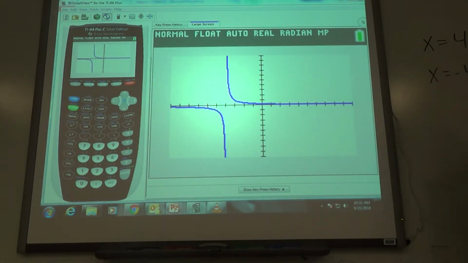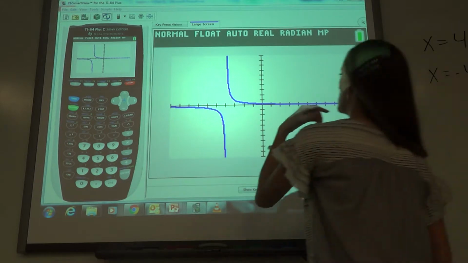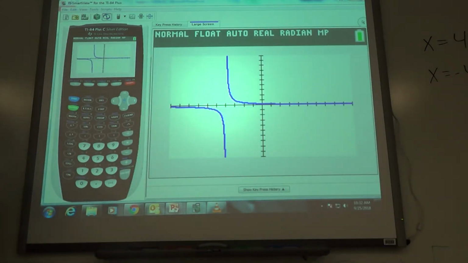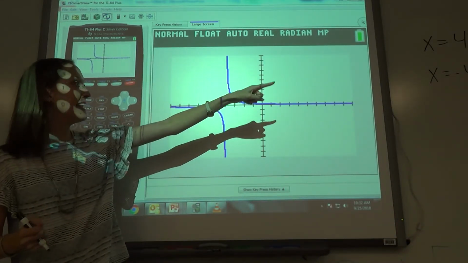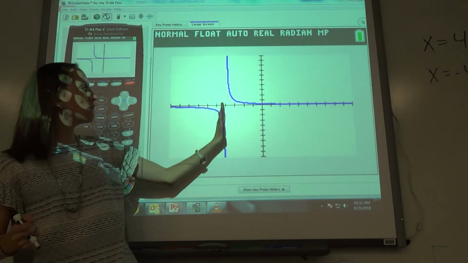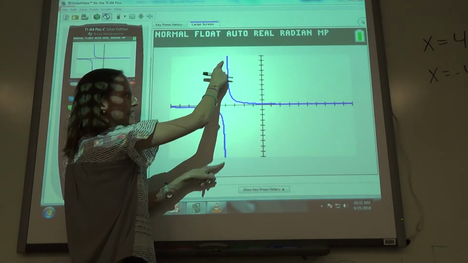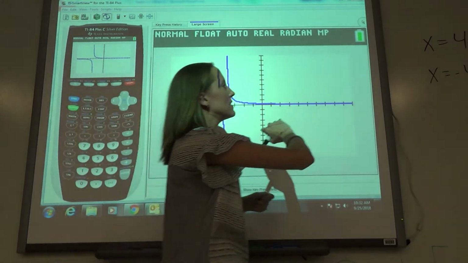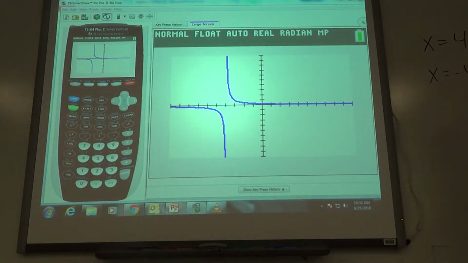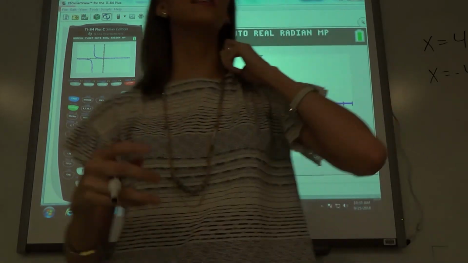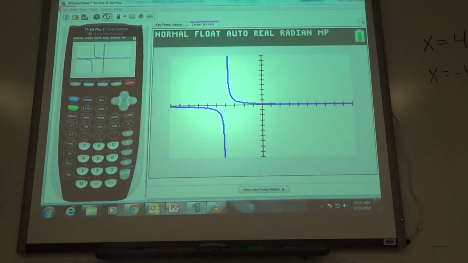I need to classify what these discontinuities are. Are they removable or are they non-removable? Now, I'm going to start with the one that's more obvious. Negative 4 is a vertical asymptote, so the limit does not exist as x approaches negative 4. I would say that that is non-removable. The limit does not exist as you approach negative 4.